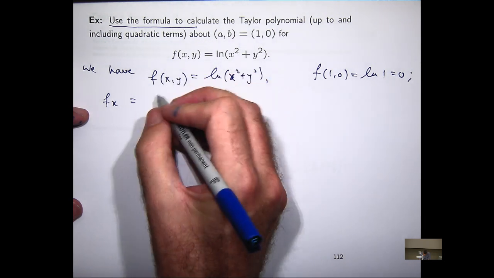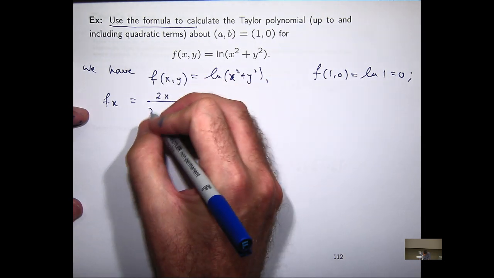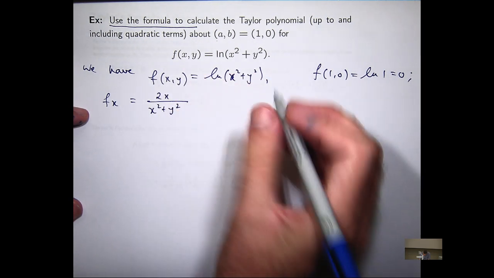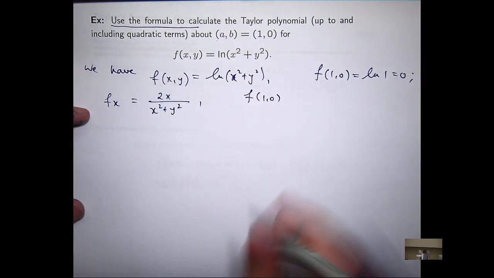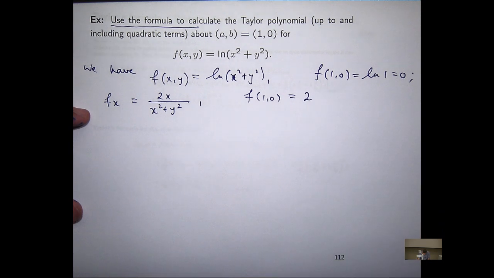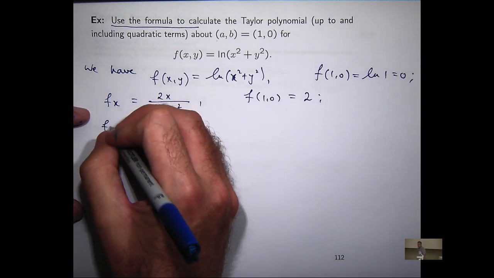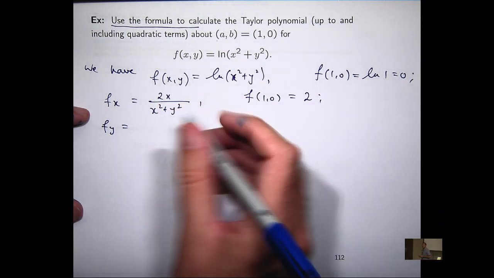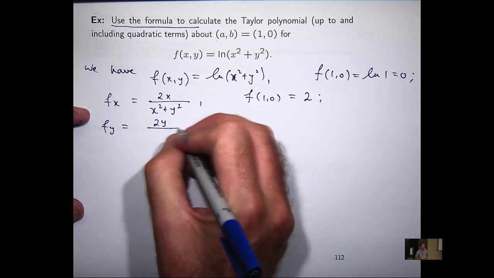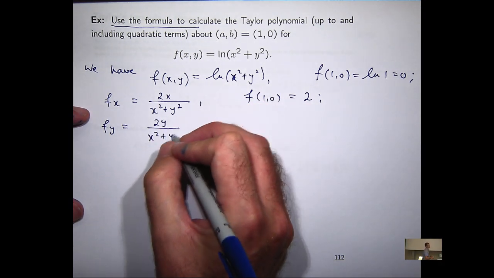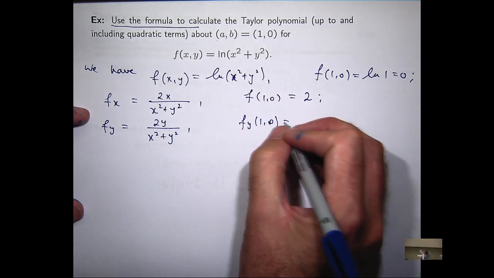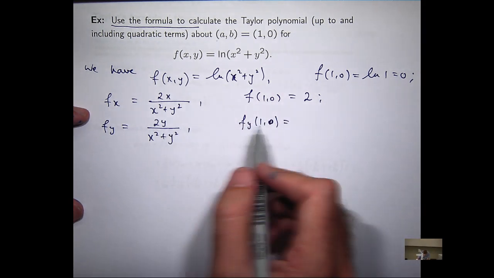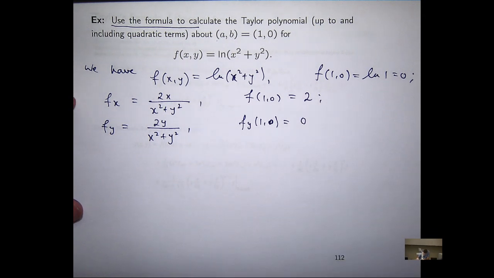We're going to get 2x on x squared plus y squared. So at the point of interest, we're going to get 2 on 1. F sub y is going to be very similar to f sub x, except we've got a y on top. So if I put in 1, 0, I'll get 0.